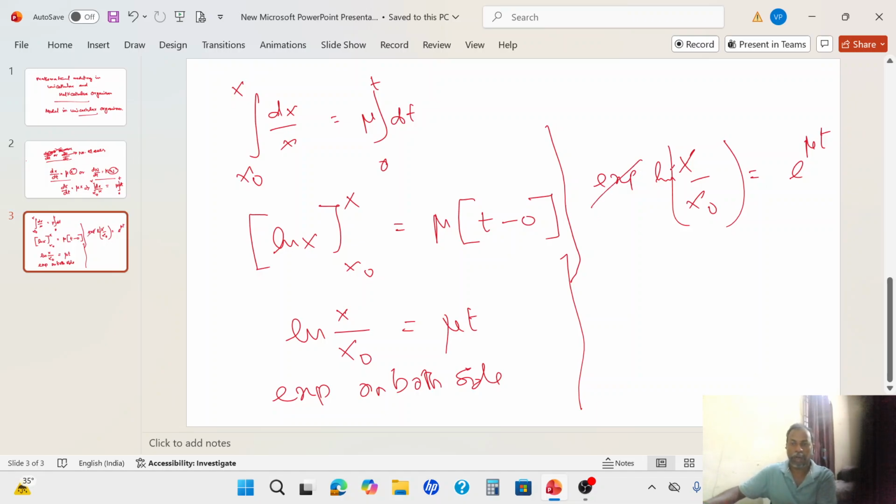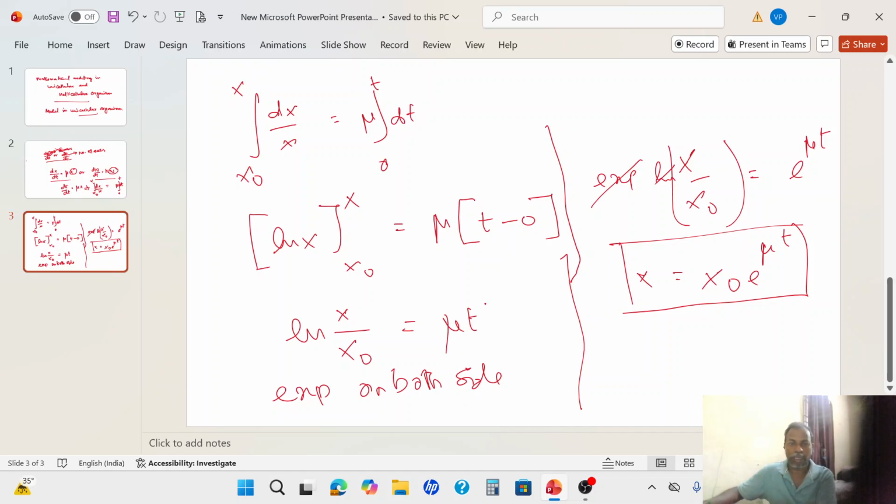So exponential and ln will be cancelled, and x is equal to x naught e power mu t. This is in terms of biomass.